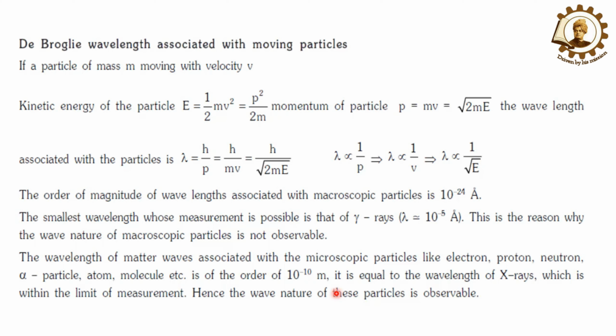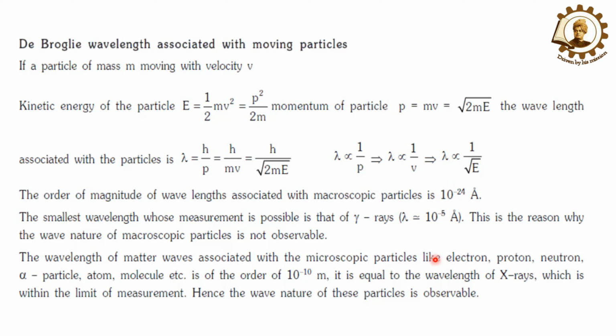Yes, it is valid, but when you substitute the value of momentum or velocity of a macroscopic particle, the wavelength associated with it is about 10 raised to minus 24 Angstrom, and this wavelength is nearly impossible to measure. That means for a macroscopic particle, a wave is associated with it, but the measurement of that wave is not feasible.